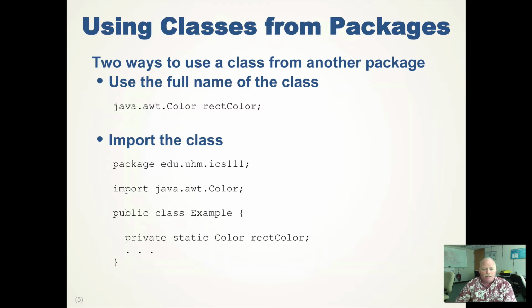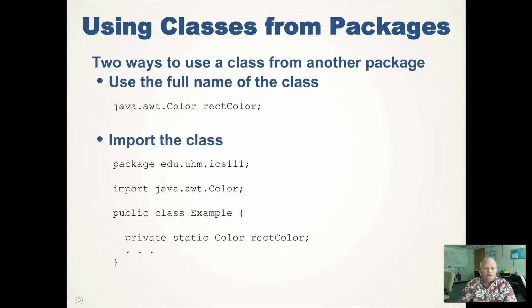So the second way is we can import the class using the import command right here. So we say import java.awt.Color, and now for the rest of our class, for the rest of our file, we can just refer to the class name Color because we've already imported that, so the compiler knows that when we say the class name Color, we're actually referring to java.awt.Color.